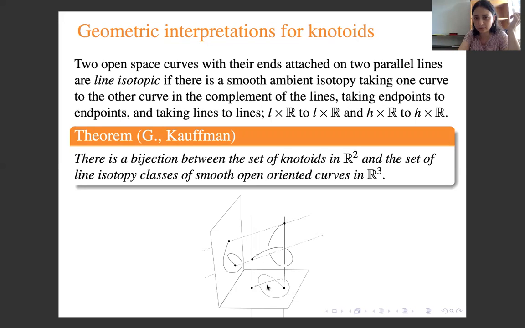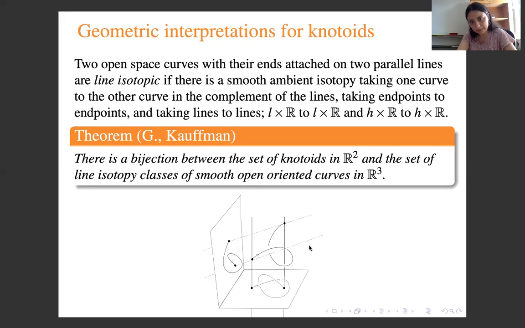We can take a projection of the space curve along the lines, so that the resulting object in the plane is a plane curve with some self-intersections, and at each self-intersection we record the information of the weaving of the space curve as under or over, so we obtain the crossings of the resulting knotoid diagram.